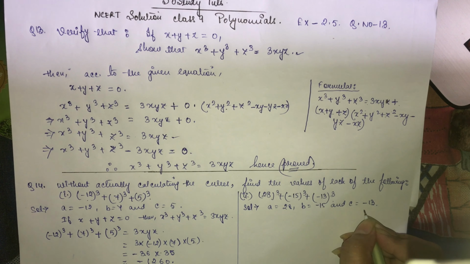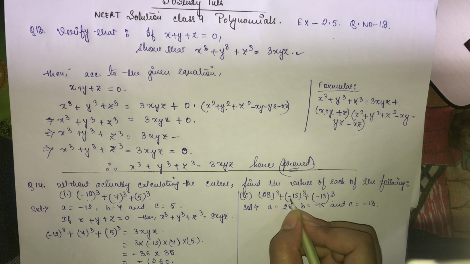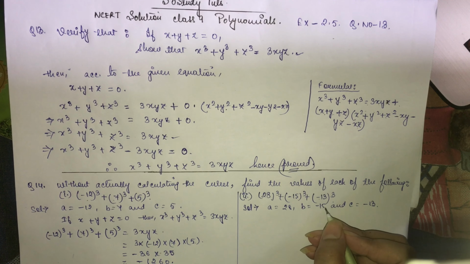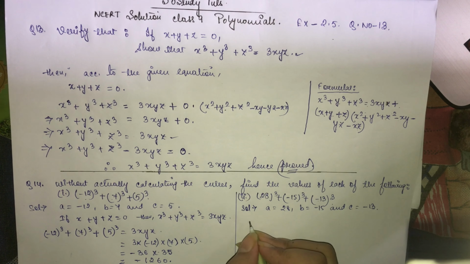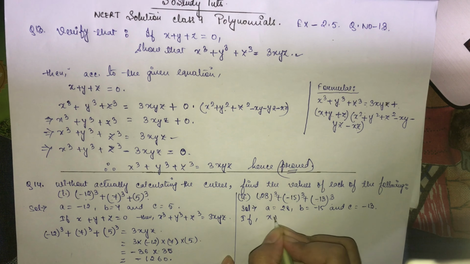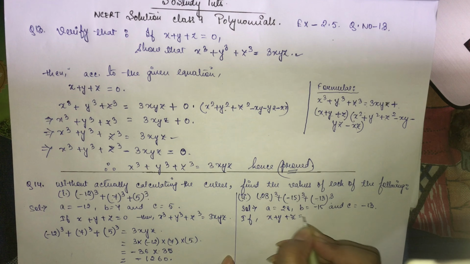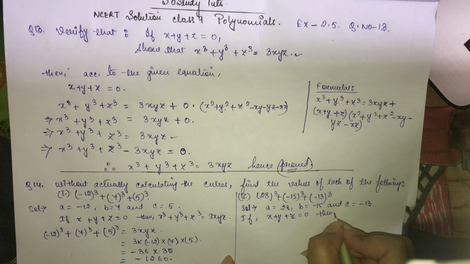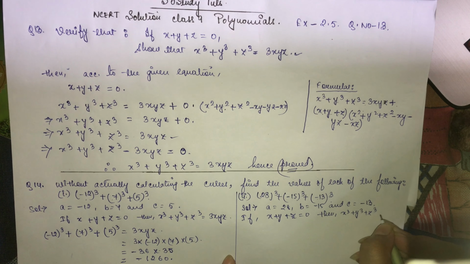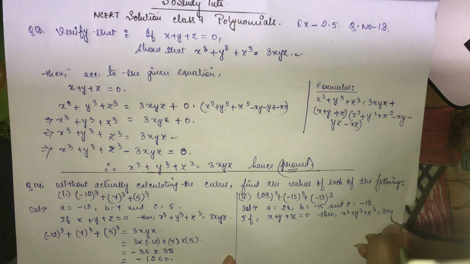Why minus 15 and minus 13? Because inside it's minus 15 and minus 13. So from the same formula, if x plus y plus z equals 0, then x cube plus y cube plus z cube equals 3xyz.